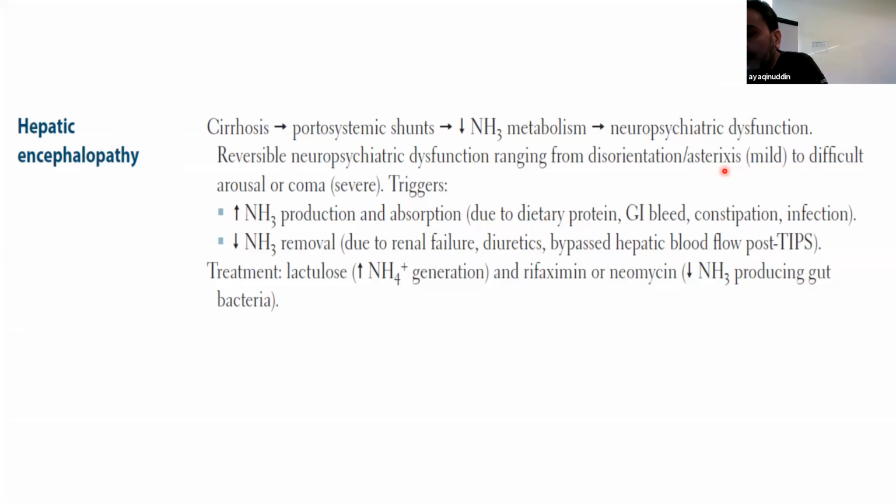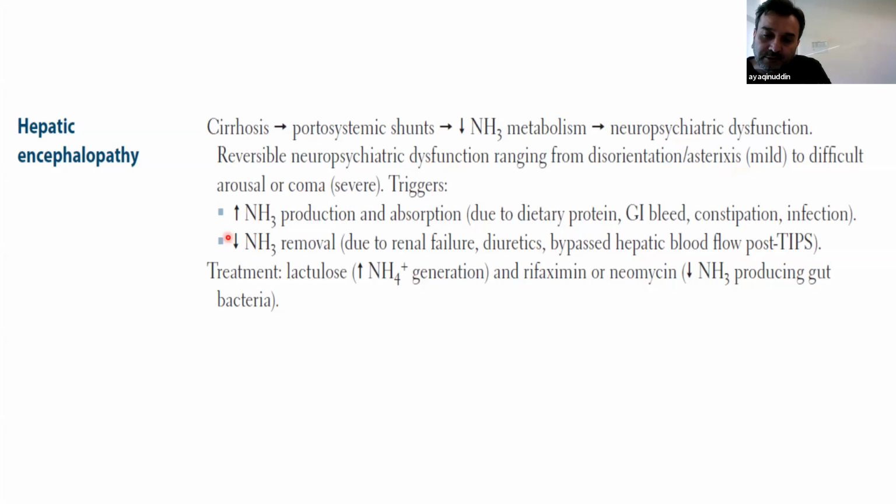The way you treat it is that you give lactulose, which increases the formation of ammonium rather than ammonia, and you treat with rifaximin and neomycin so that the gut bacteria produce less ammonia.